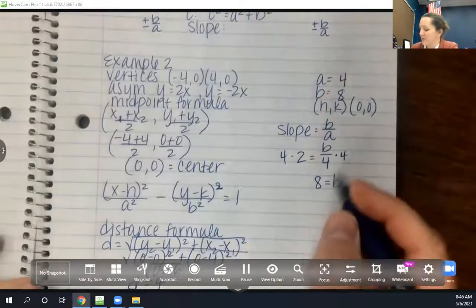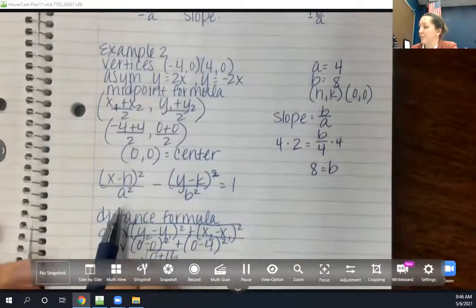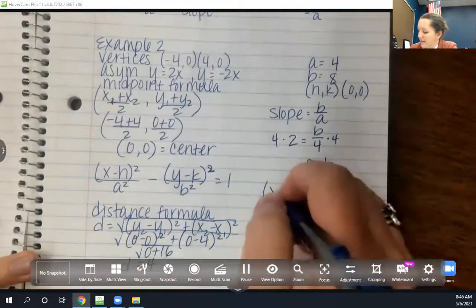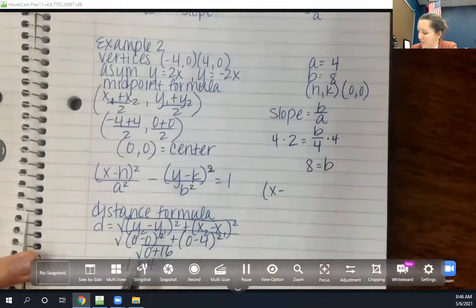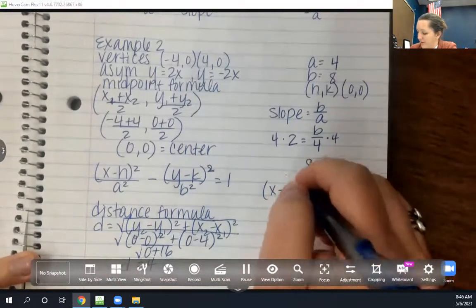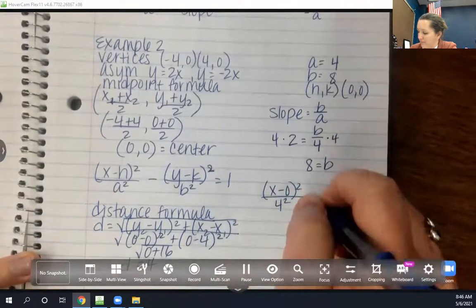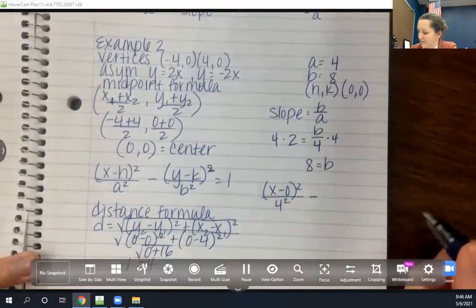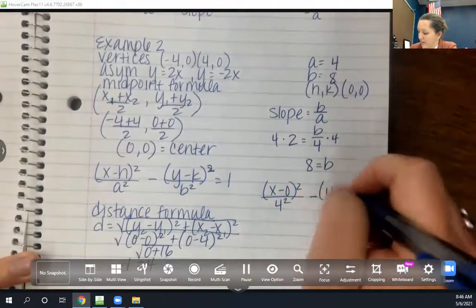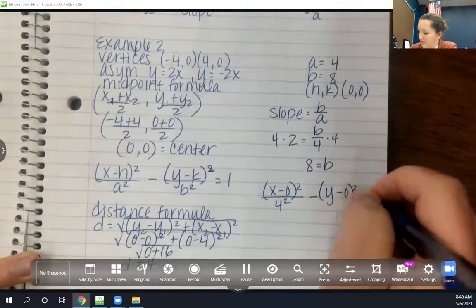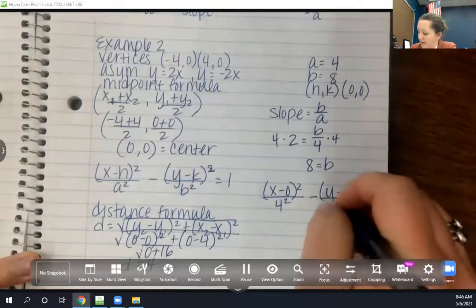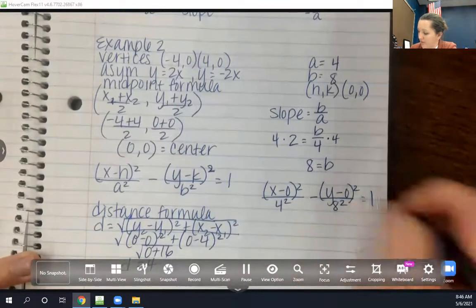Great. So let's go ahead and write the standard form of our equation. We have x minus our h, which we know is 0, divided by a squared, 4 squared, minus y minus 0 squared divided by 8 squared equals 1.